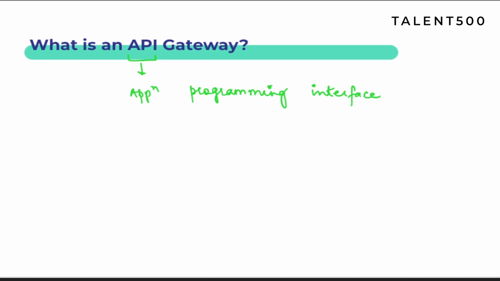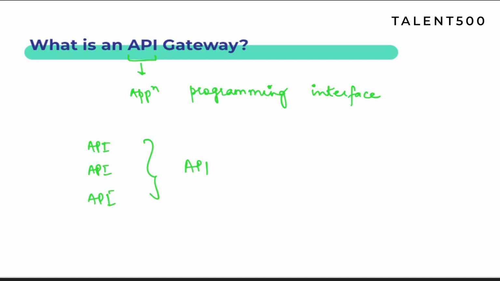So that overall you will have a uniform experience. Because at the end of the day, what do we want? We want a smooth, seamless operation for the end user. So in this particular one, like I said, you will have multiple APIs, and all of them are going to be exposed as a single API.